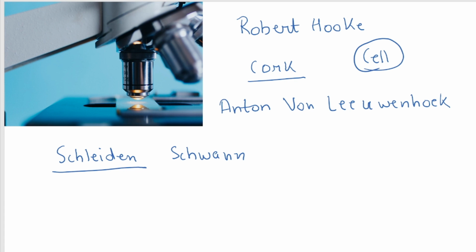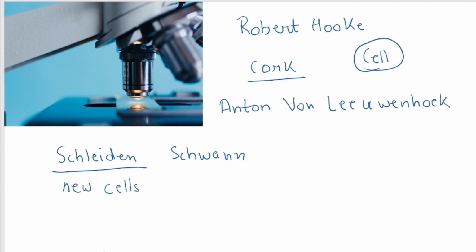Similarly, Schwann studied many animal cells, and he also came to the same conclusion that all animals are composed of different kinds of cells. So both Schleiden and Schwann together formulated the cell theory, but their theory did not explain how new cells were formed.